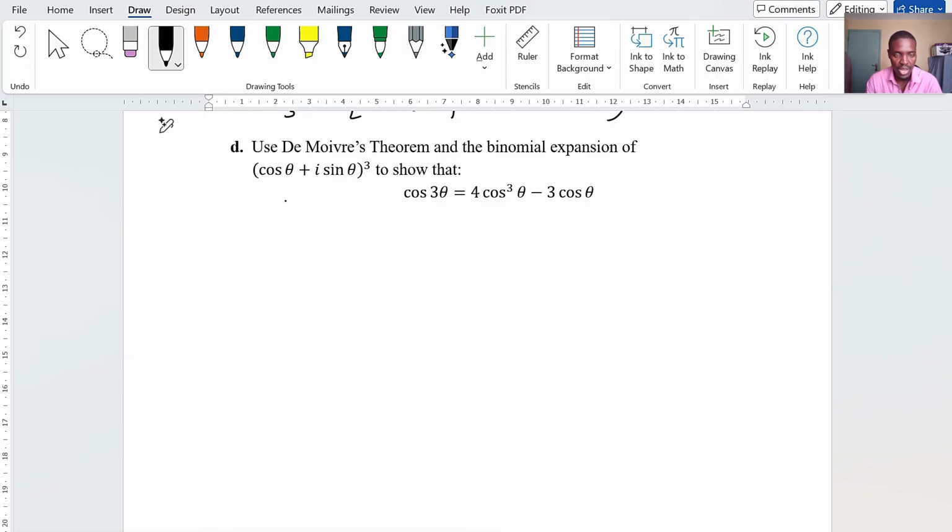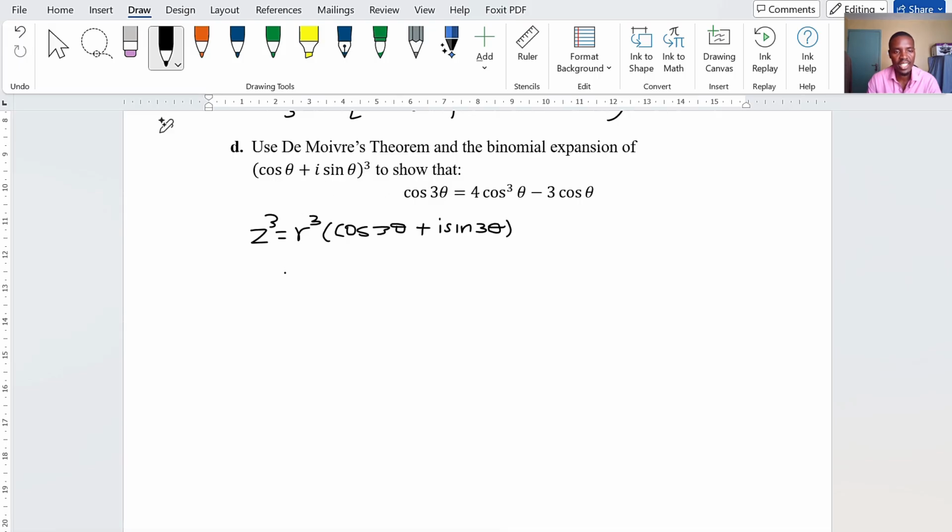So what is the binomial expansion of this? Let's start with De Moivre's theorem. z power 3 is the same as r power 3 into cos 3 theta plus i sine 3 theta.